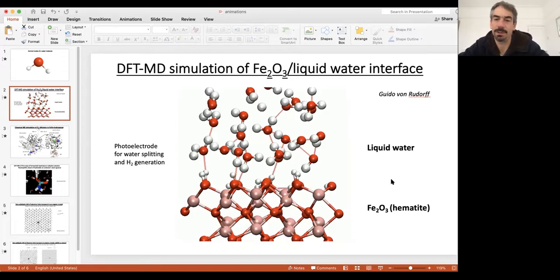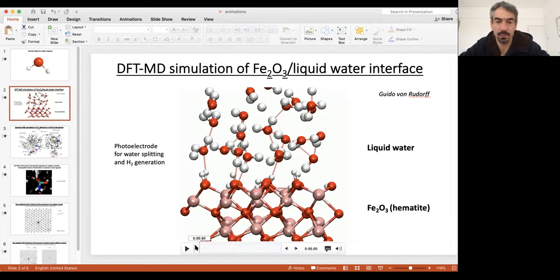And this is where ab initio molecular dynamics can be useful, to understand what the stable surface terminations are, how the dynamics looks, or for instance how chemical reactions occur at these interfaces.